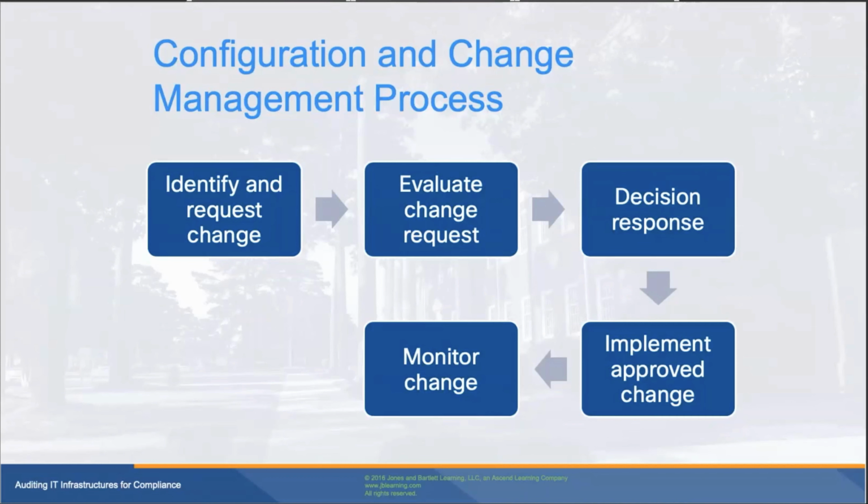Then you're going to have a response, right? We're going to get a response from that committee or the person that's looking at that change request. Then we're going to implement the change, and then we're going to monitor the change. If the change is not approved, then it goes back to identifying requests to change.